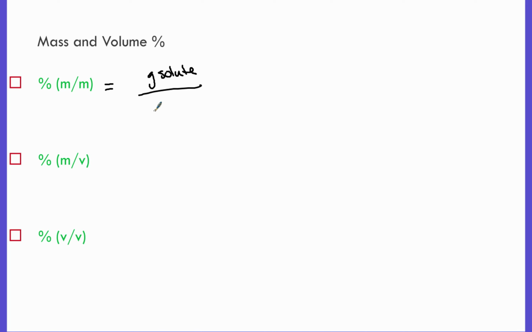So I'm not going to be able to measure the volume very easily, which means I'm just going to worry about what is my total mass when I combine those two things together to make this percent concentration. So if I take my grams of solute and divide by the total grams, and then I take that times 100, that's going to give me a percent, right? This would be like if you were going to mix two different kinds of waxes together to make a candle or some chapstick or something like that, right?